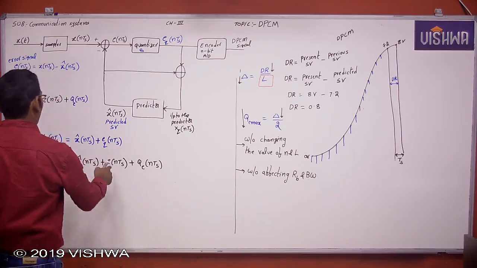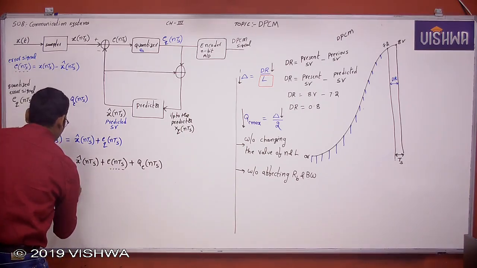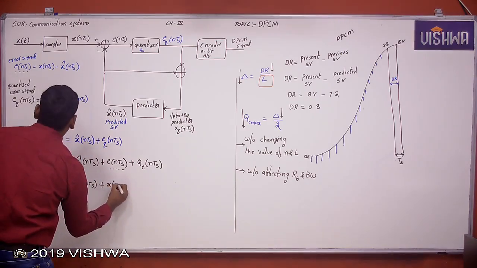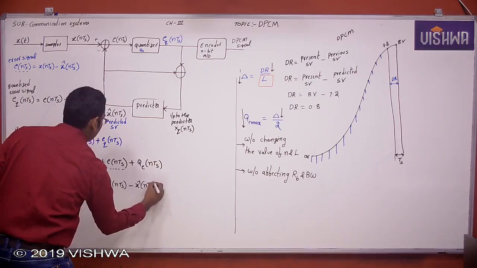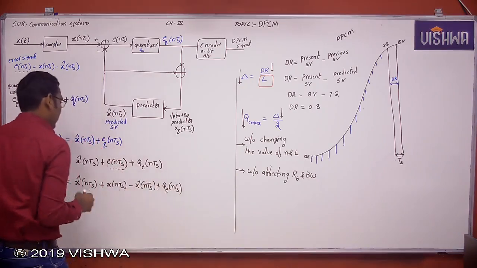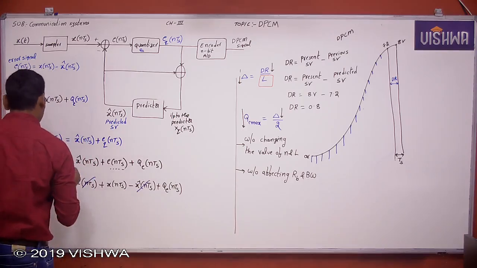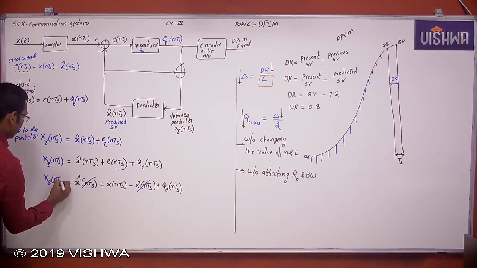And we know what the error signal is: e of nTs is nothing but x of nTs minus x cap of nTs. We can replace that also. So this is the predicted signal x cap of nTs plus e of nTs, which is x of nTs minus x cap of nTs, plus the quantization error of that particular sample. Now here this x cap of nTs is cancelled. Now this is xq of nTs.